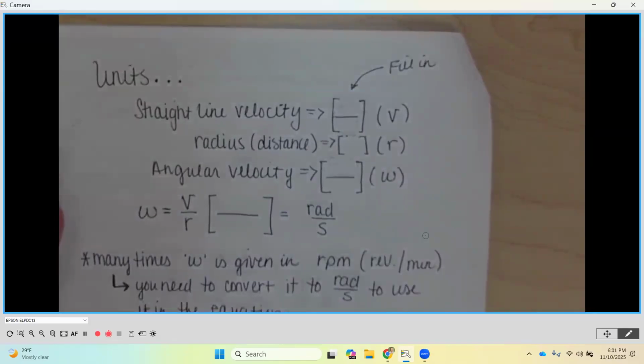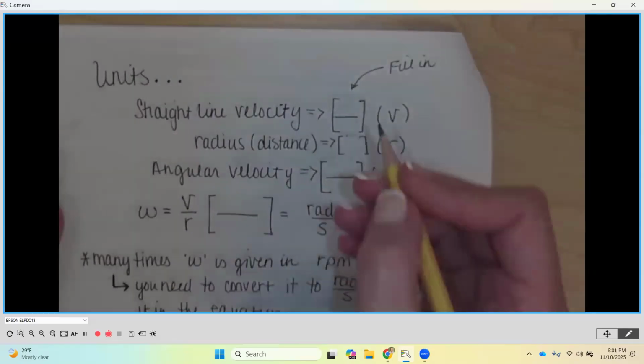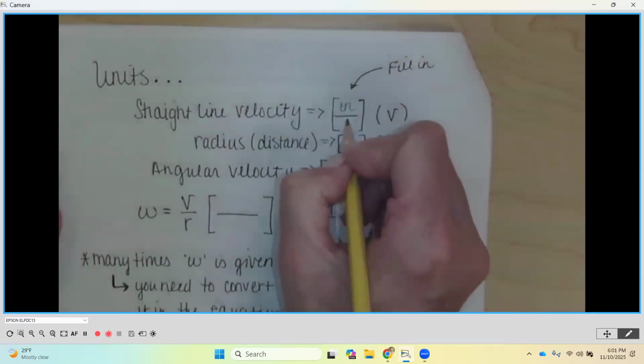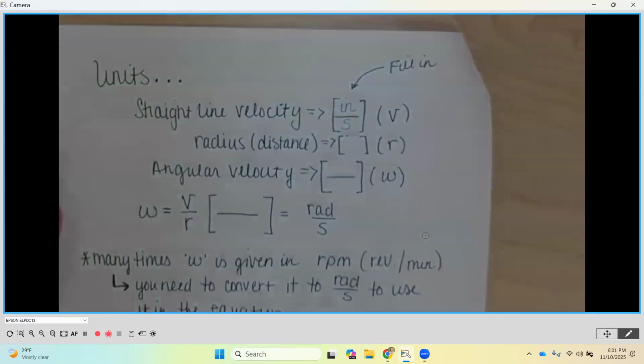Kilometers per hour, sure. What else? Miles per hour, yes. And then Drew had inches per second. I'm going to use inches per second for this one. But yes, it would be any units of distance divided by the units of time, but we're going to use inches per second right now.